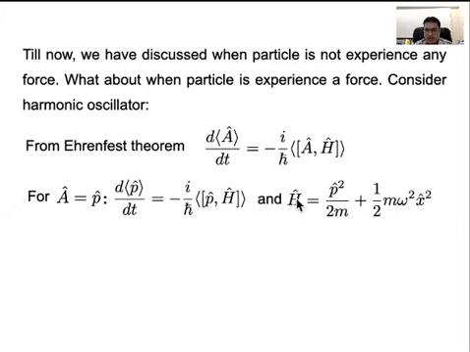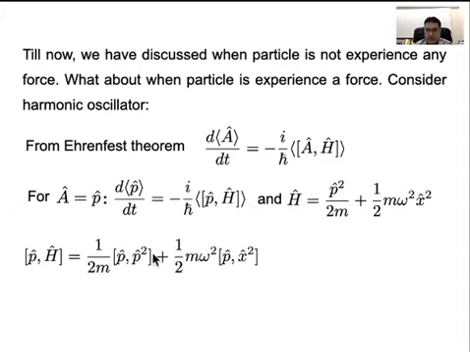So when I substitute the value of H here, I have to evaluate this quantity, the commutator of p with H. I have written my value of H here, so there will be two terms based on the chain rule. 1 over 2m is common, so the commutator of p with p square, you know this will be 0, you can verify it.